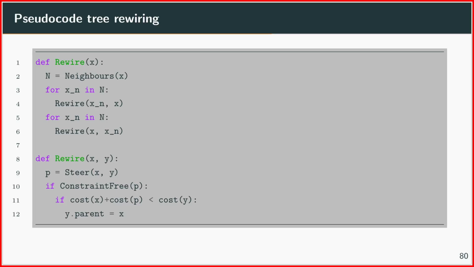And this rewiring step is just that you steer from one configuration to another. You check if it's constraint-free, if there is collision, and then you check if the cost is actually lower, and then you set the parent here to X. And yeah, for a tree, you don't explicitly have to add an edge, but you just set the parent here.